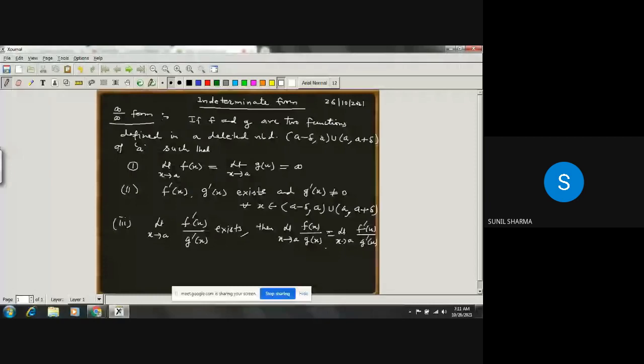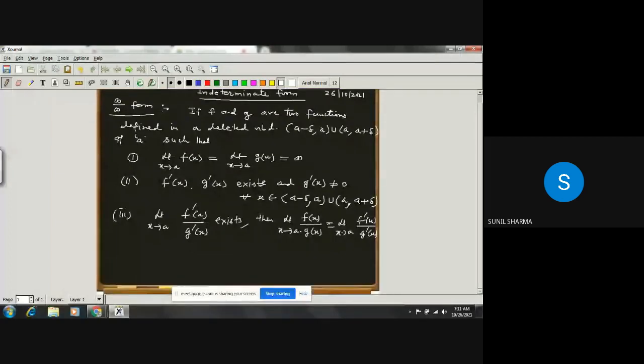So it is same as limit x goes to a f x upon g x, that is equal to limit x goes to a f dash x upon g dash x, if they exist and g dash x is not equal to 0.